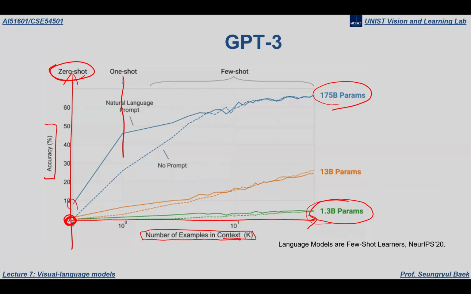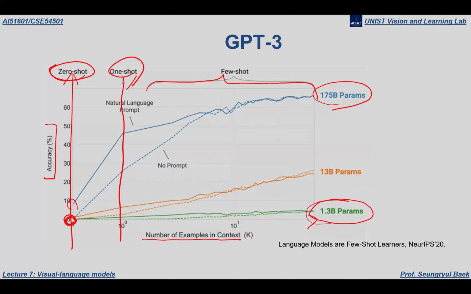Here is the one-shot task, providing just one training image and measuring the testing accuracy. And this is the few-shot task, where the accuracy is for 10 images given as training data.